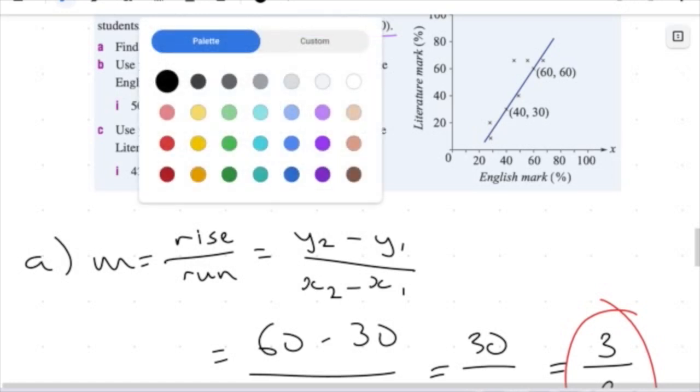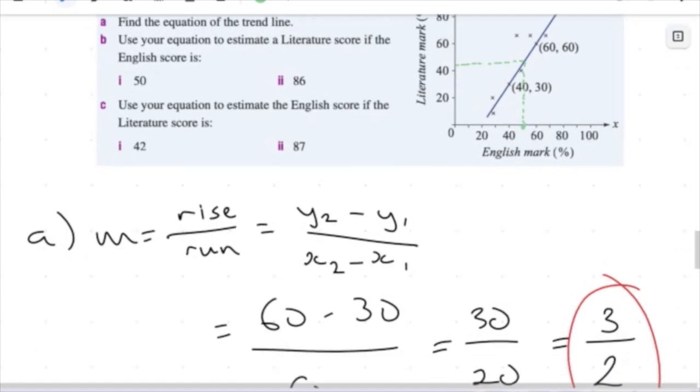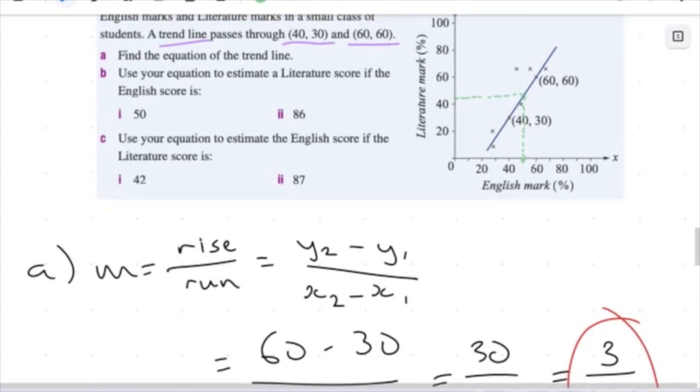So we want to find 50 in the English score, that's down here, and we want to draw a line up to here, and then draw it along to here. So I'm going to say that's around 45. So we can say that we approximate the literature score to be around 45 when the English score is 50.